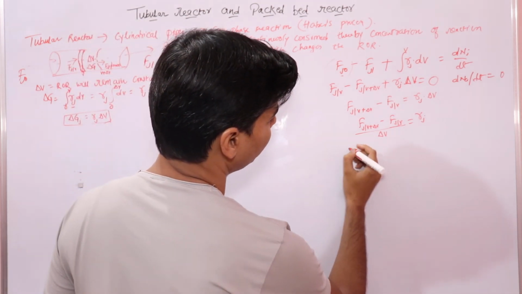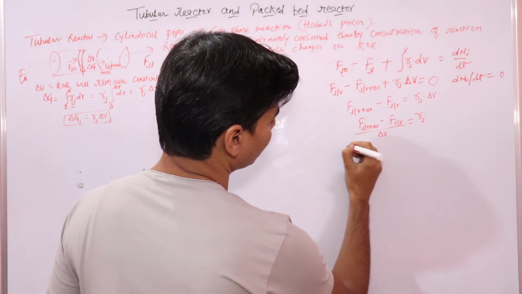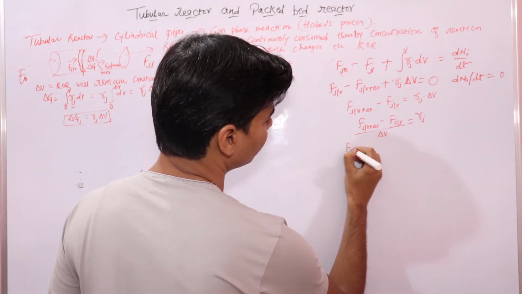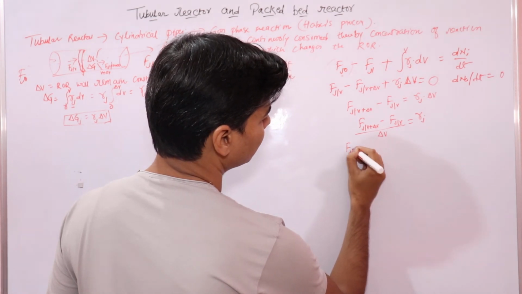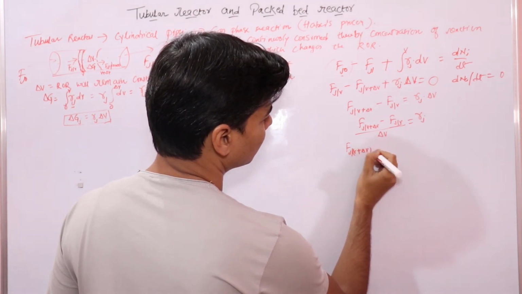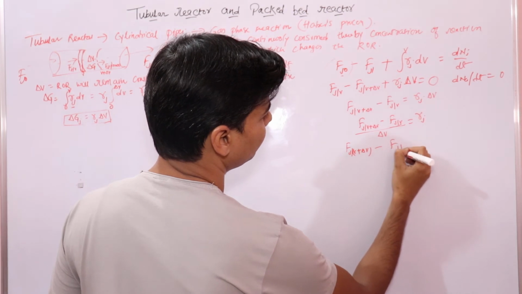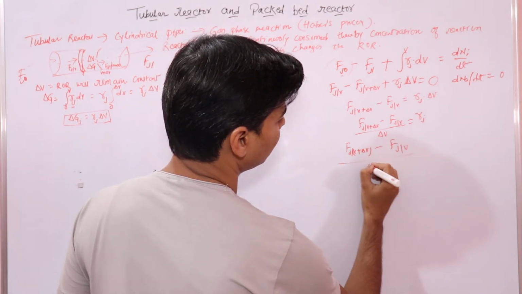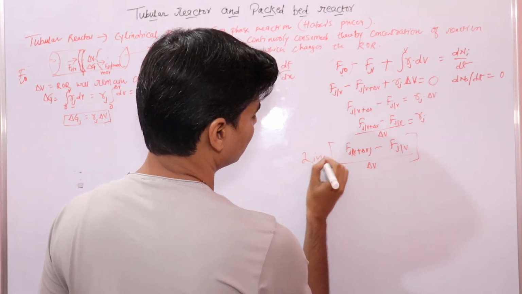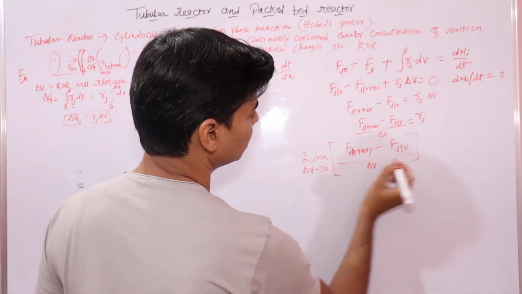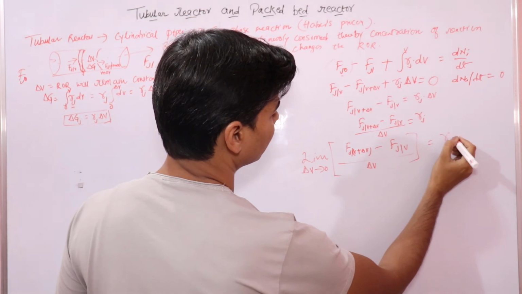So the form will become FjV plus delta V minus FjV divided by delta V, applying the limit delta V tends towards 0, is equal to Rj.